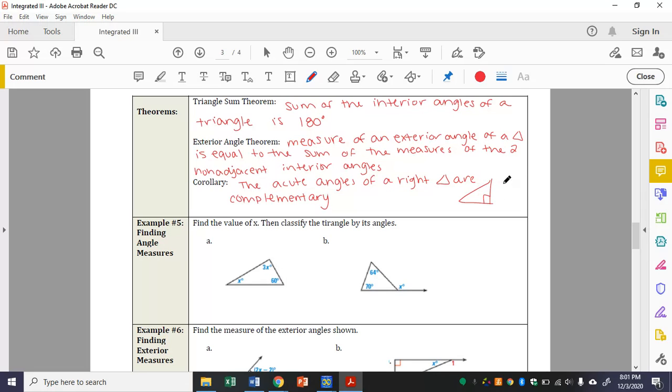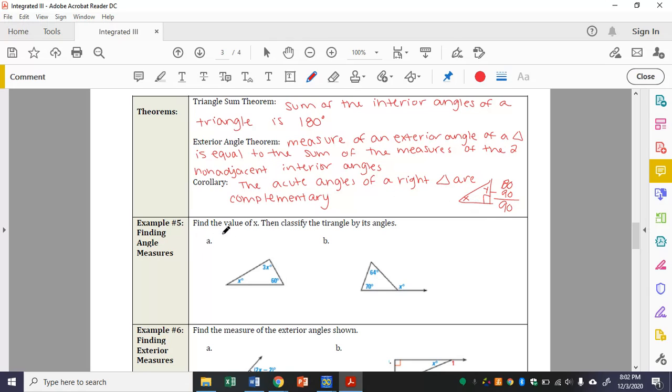Automatically, I have to deduct this 90 degrees from the 180 to figure out what these other two angles are. And I'm only left with 90 degrees for these two angles to add up to. So that's what we're saying: this angle x and this angle y have to add up to 90 degrees because there's another 90 degrees being taken by this right angle here.